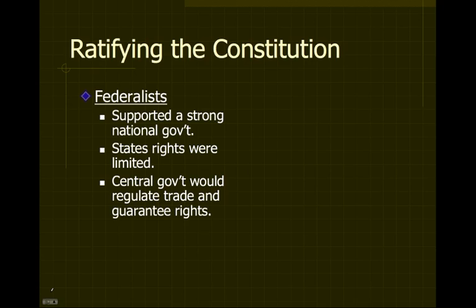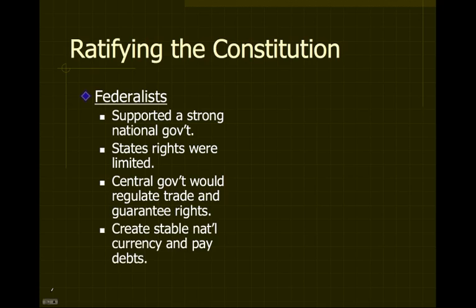And we also wanted to make sure that that central government had powers to regulate trade and to guarantee rights, because regulation of trade was very important so that we could establish partnerships with other countries and make decisions as a whole country, not as individual states. And we wanted to make sure that the central government was the agency that was protecting rights, so that states would not go and create their own rights or limit rights where they might see fit.